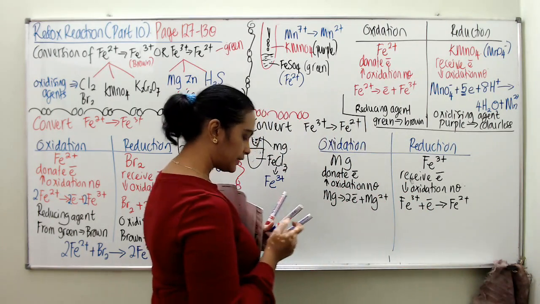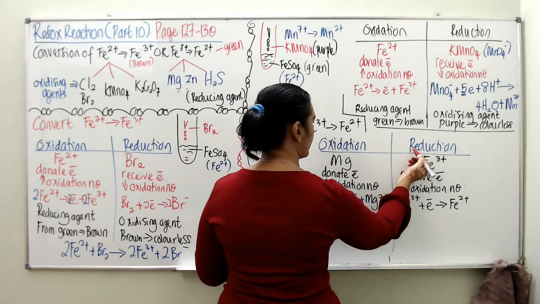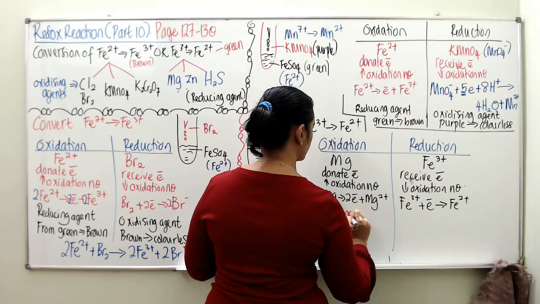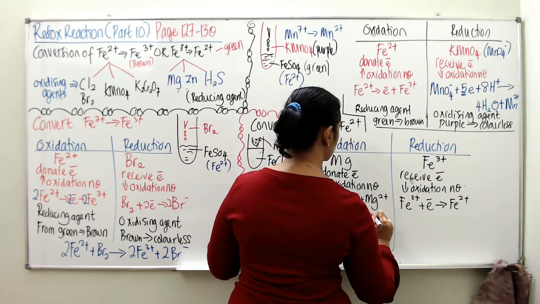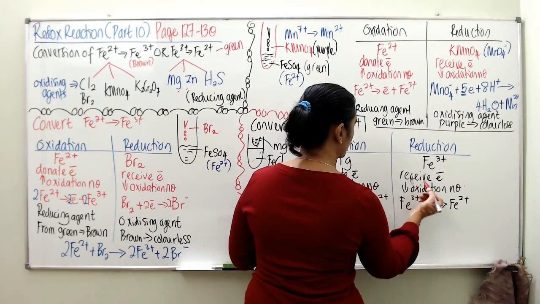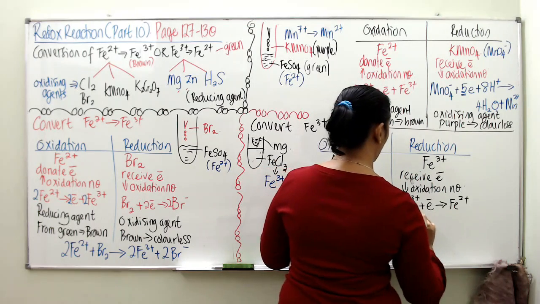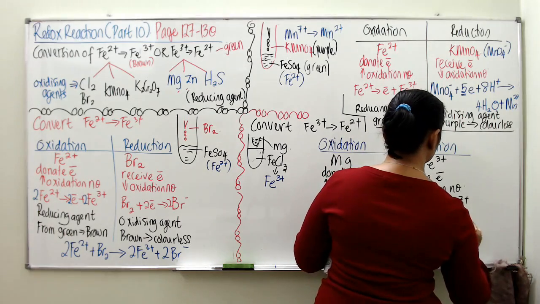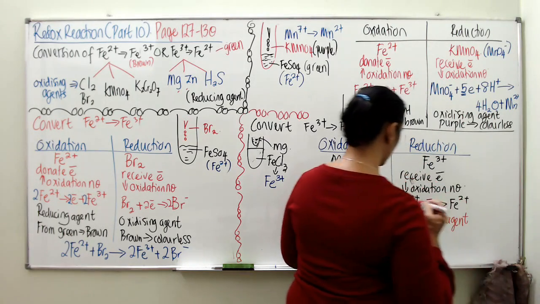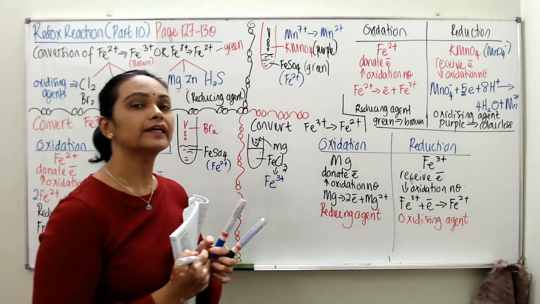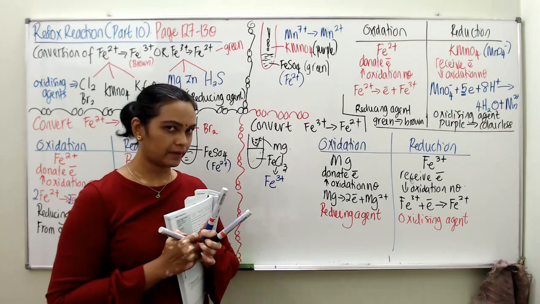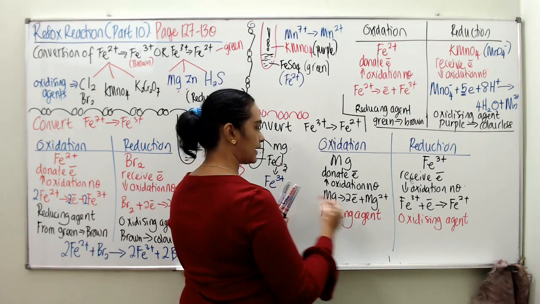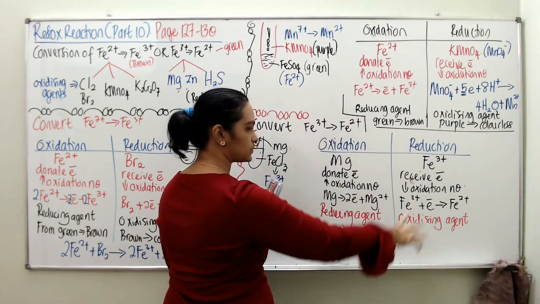So in that case, you can say that magnesium is the reducing agent and iron 3 ion is the oxidizing agent. So please remember that.